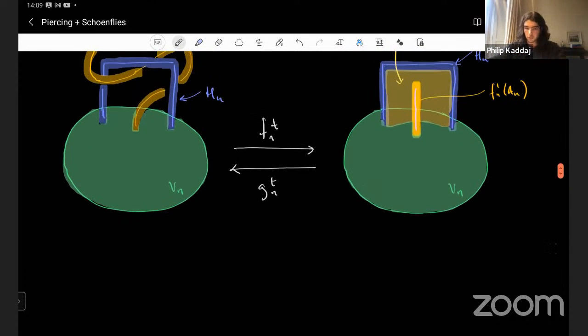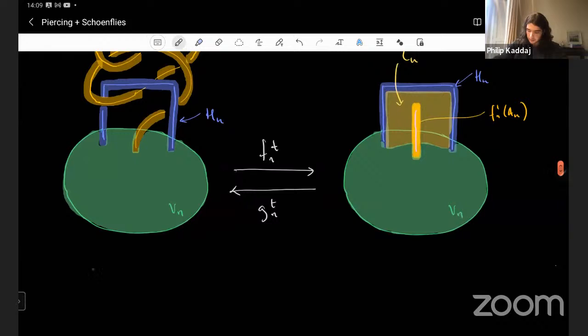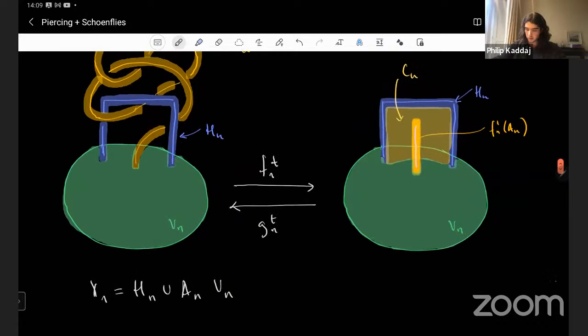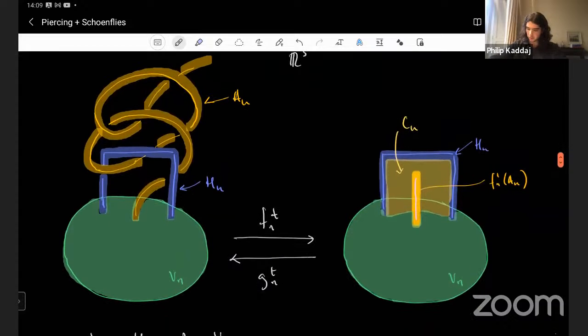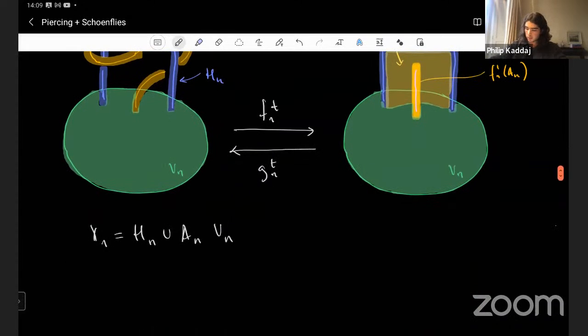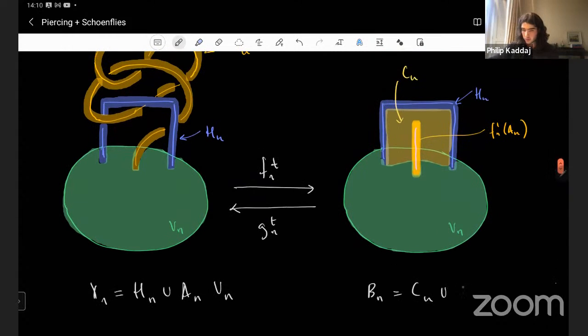Right. Before, I forgot to mention, I have some notation. Let Xn be equal to the union of Hn with the arc and Vn. So on the right is Xn, and Bn is the ball on the right, Cn union F1 of Xn.